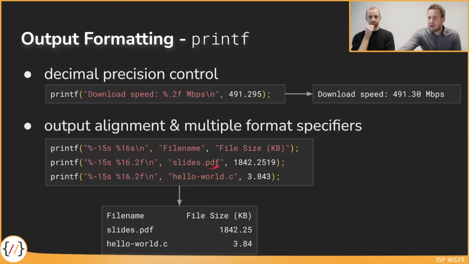So we have to pass one string and one float, and those values behind this comma could also come from variables, as we have seen before. And this 16.2 means that the .2 is the same as above, so 2 decimal points rounded, and the 16 again is the space that is used for the whole output of this number, shifted to the right.